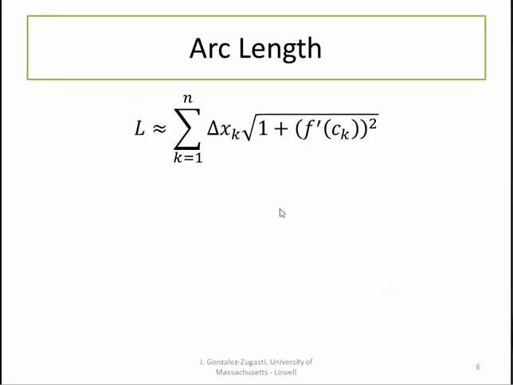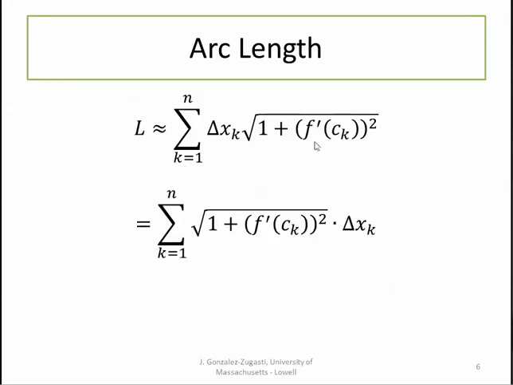All right, so to approximate the length of that whole curve from a to b, I just sum up all my intervals from k equals 1 to n. And if you look at this, we can just rewrite that by bringing the delta x sub k to the other side.